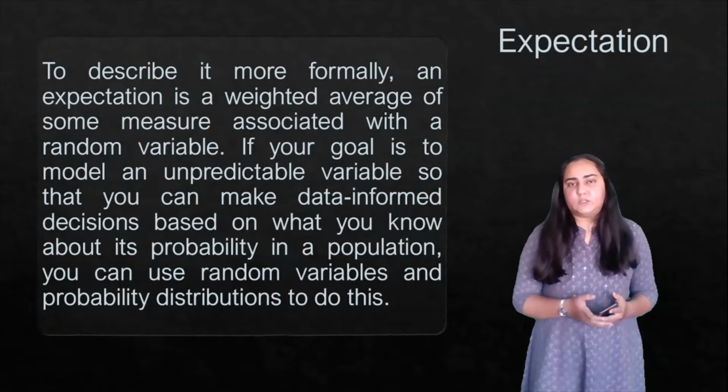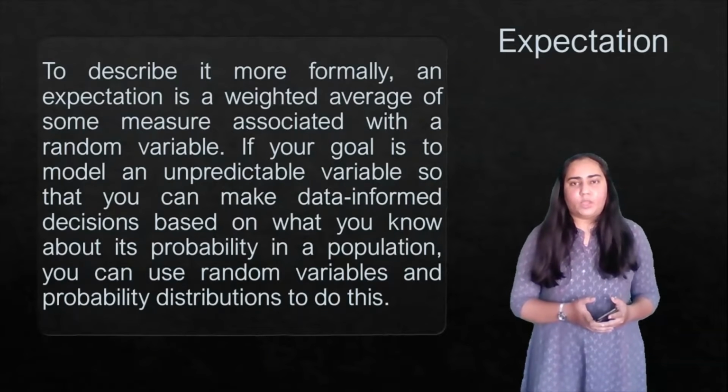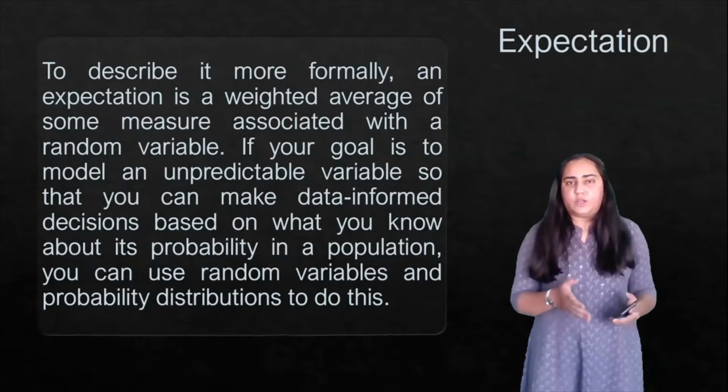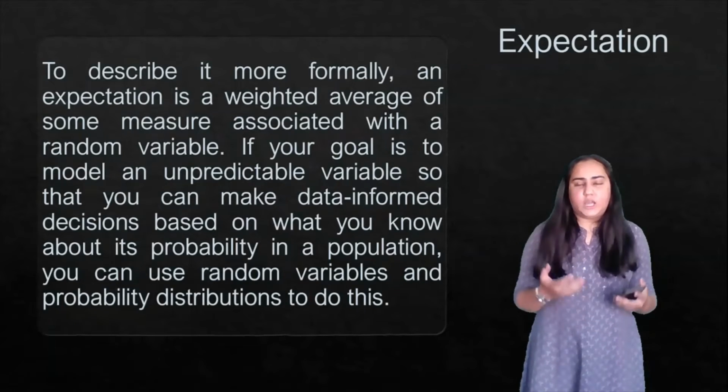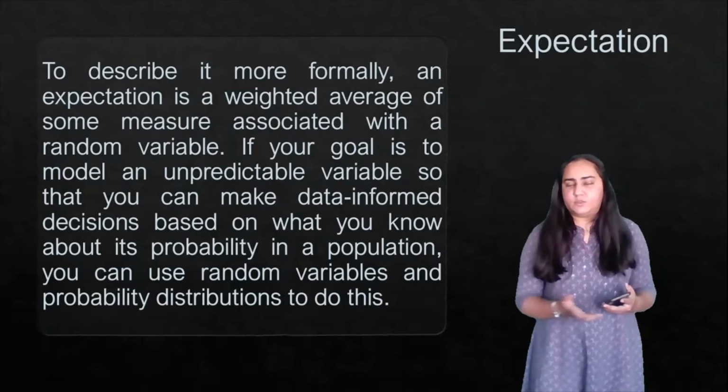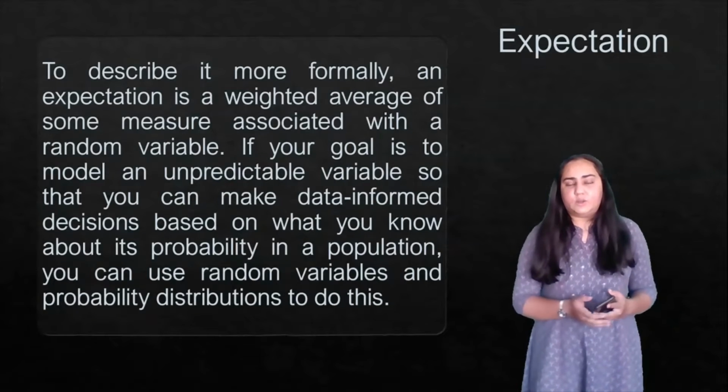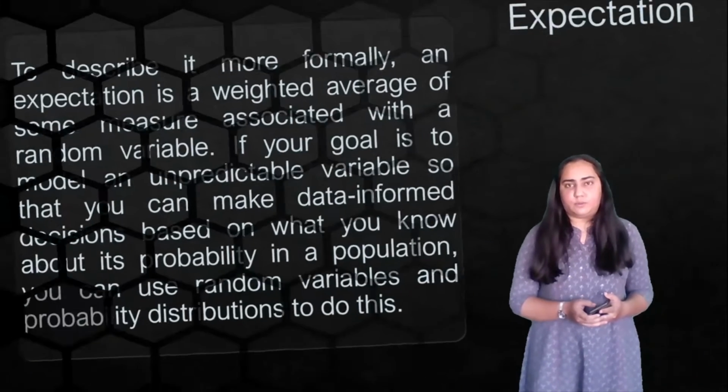So expectation is all about finding out what is the weighted average, and then based on weighted average, finding how you can make your unpredictable variable more predictable, because now you know something about it, and that could help you in predicting something about this unpredictable variable.